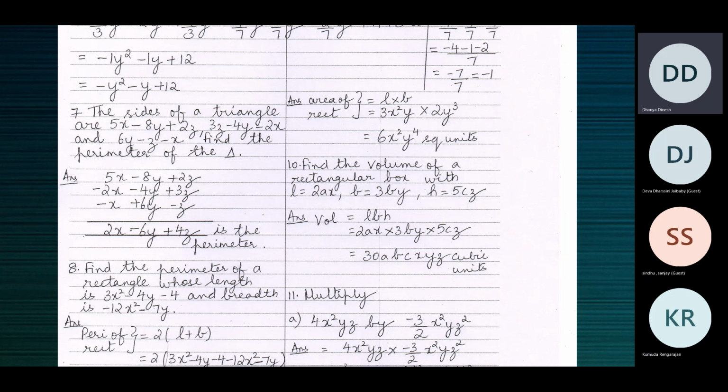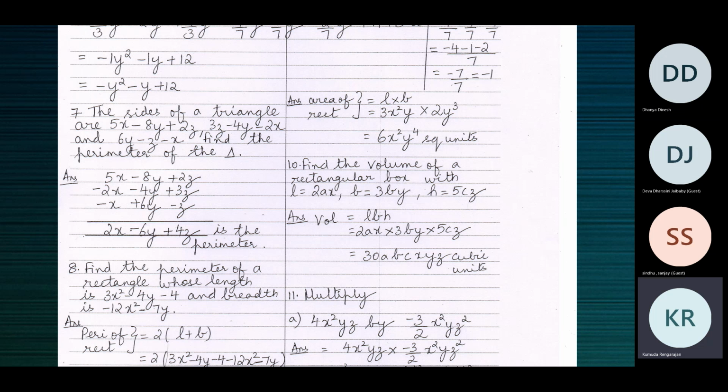Yes, ma'am, the answer is 30 AX BY CZ, ma'am. Correct. 30 AX BY CZ.